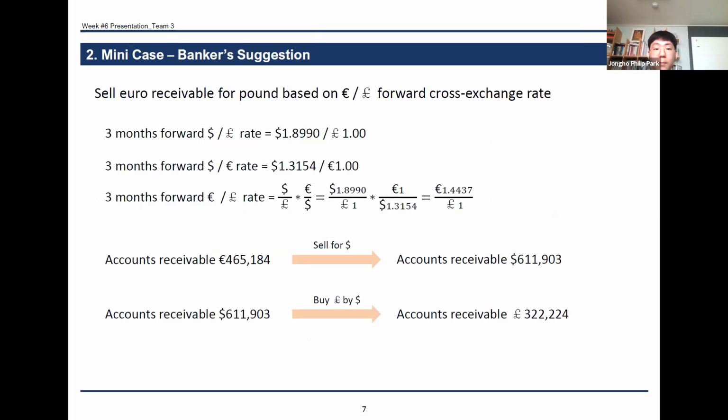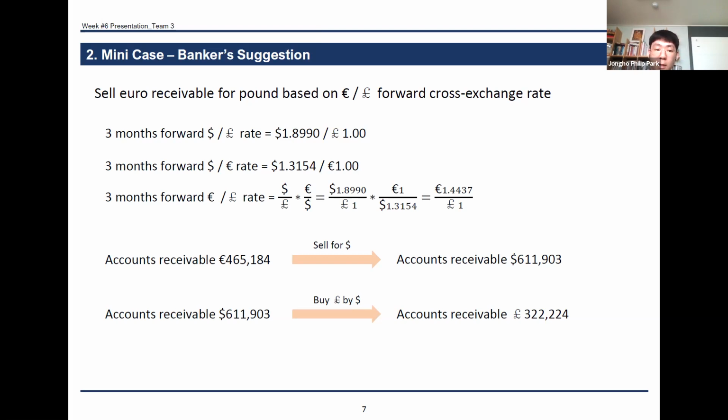So let's see the banker's suggestion. The banker suggested to sell the euro receivable for pounds based on the euro per pound forward cross exchange rate. So let's think about the euro per pound forward exchange rate for 3 months. We have now the 3 months forward dollar per pound rate and dollar per euro rate here.